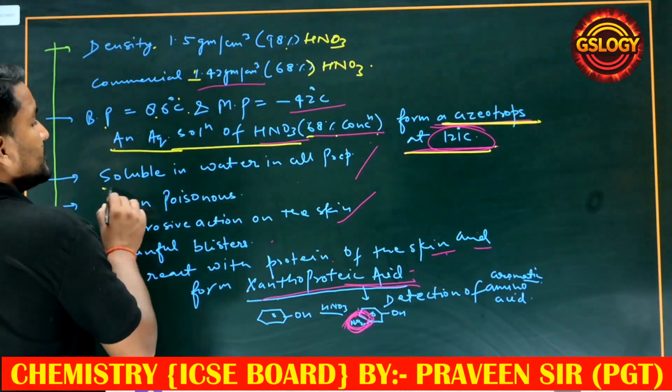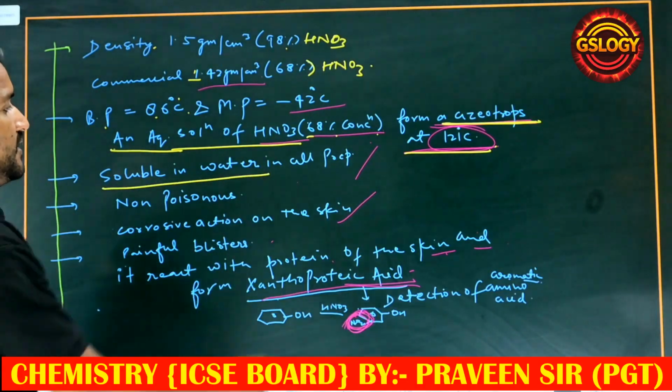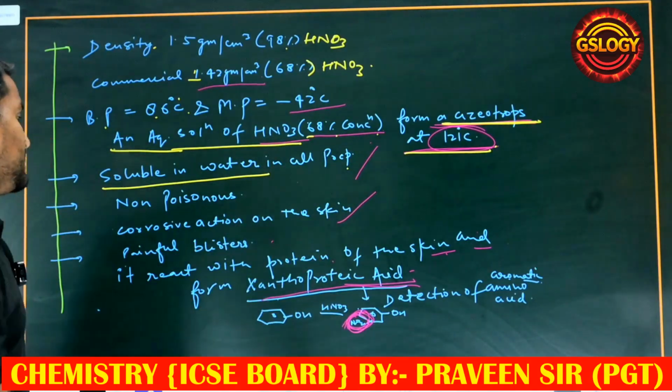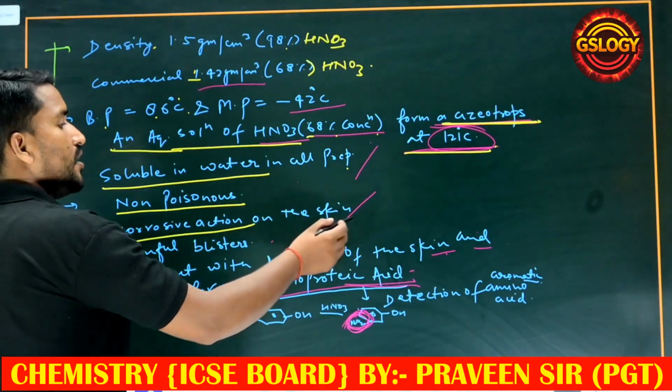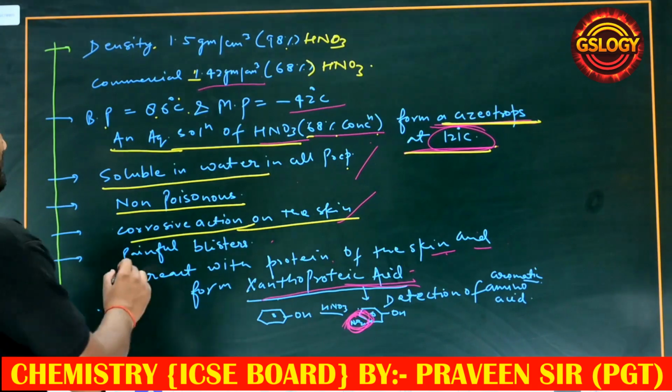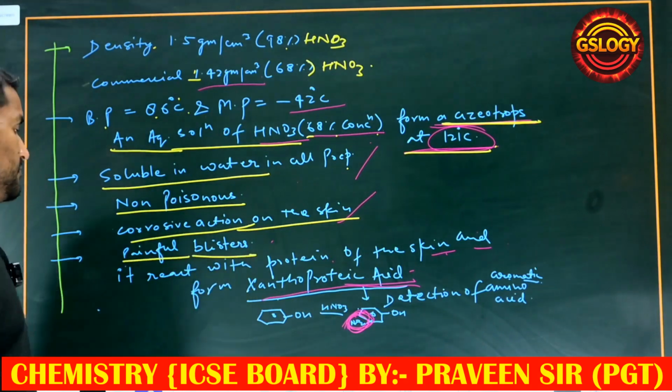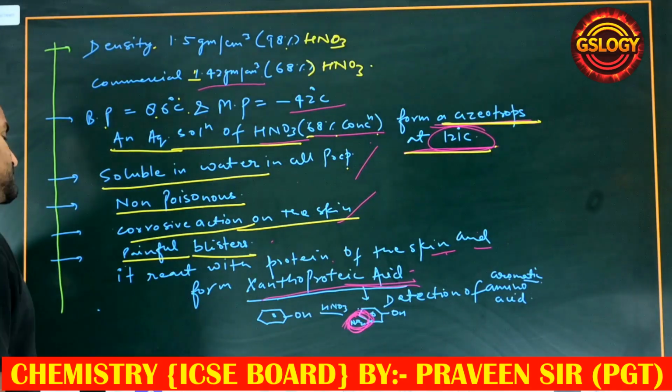Nitric acid is soluble in water in all proportions. Nitric acid is non-poisonous, but has a corrosive action on the skin, causing painful blisters.